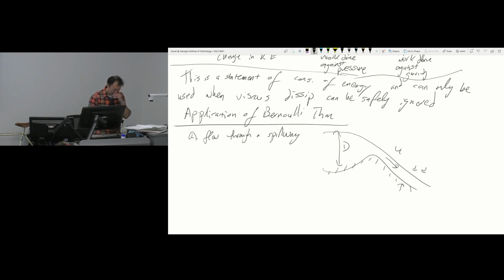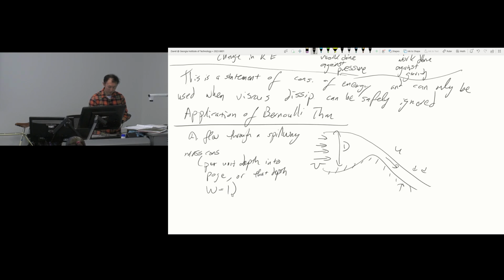So you can pretty much calculate everything that's going on here. For example, if you know what the incoming velocity is, mass conservation tells us that you can consider this per unit depth into the page for these 2D problems, or that the depth W is equal to 1.